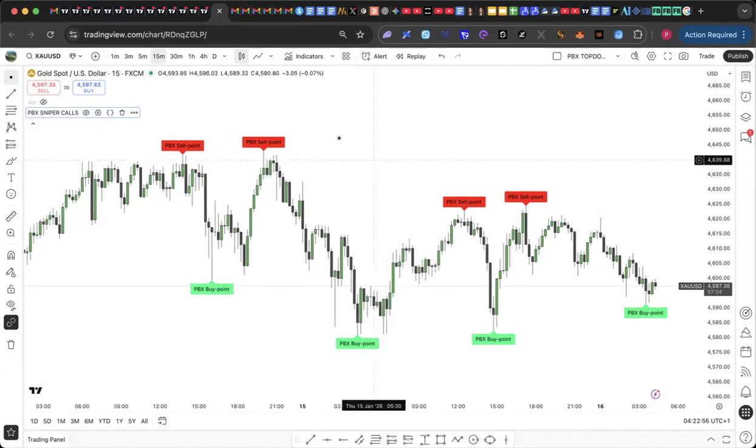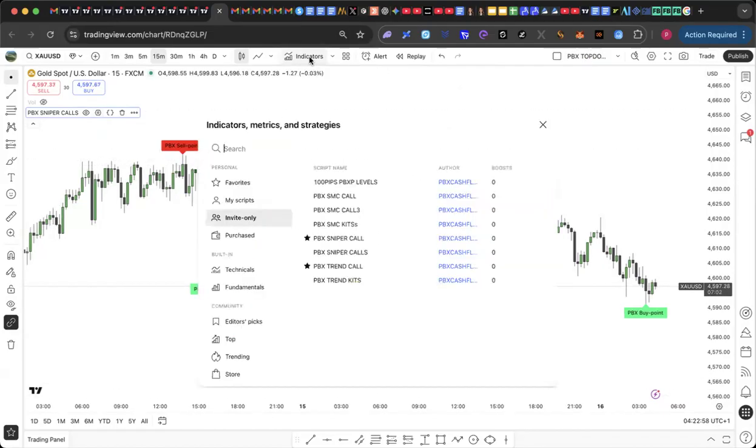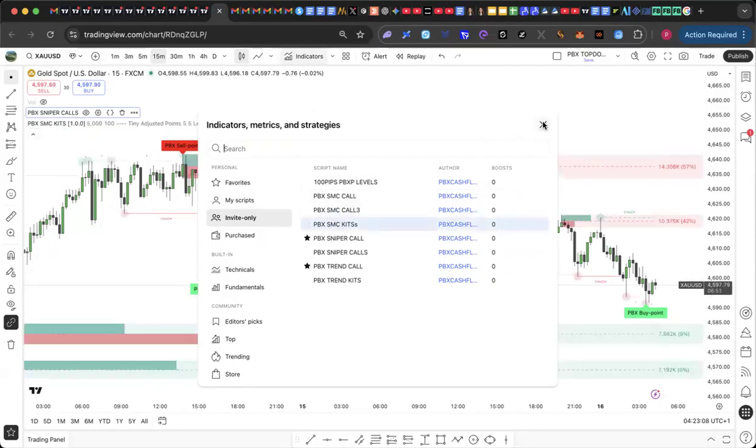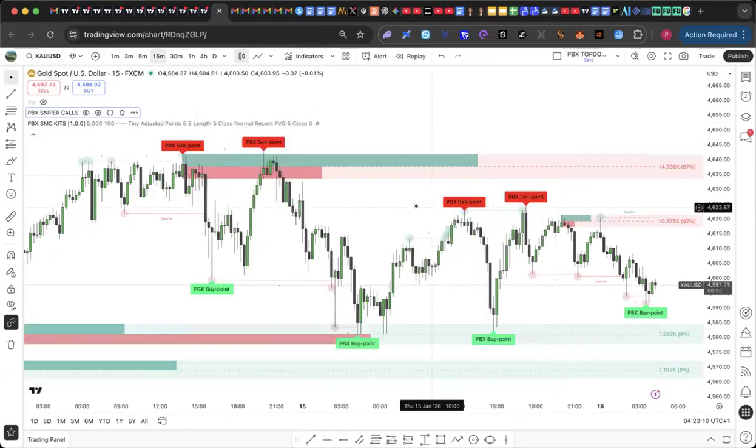The second one, you go back again. That one you need settings, so pay attention. You click on the second one, that's PBX SMC kit. Now this needs settings. You can see that this default is different from my own setting. So once you have added it, it's very simple, okay?